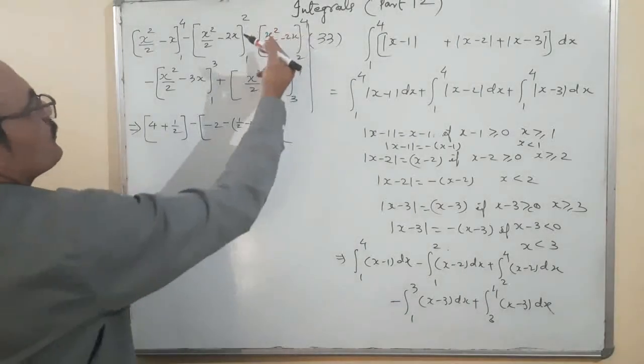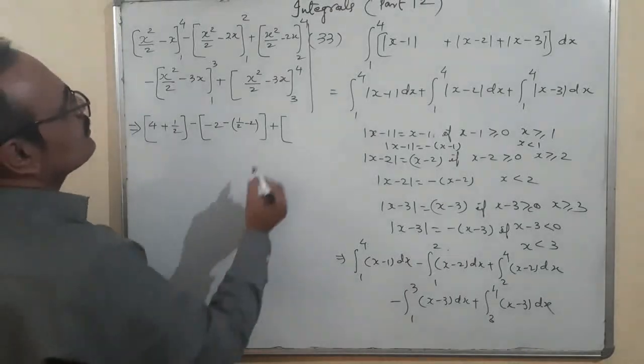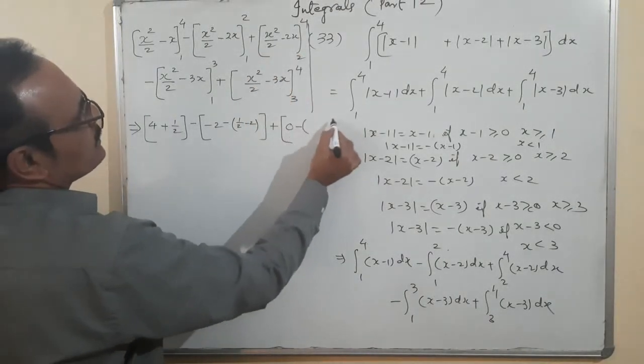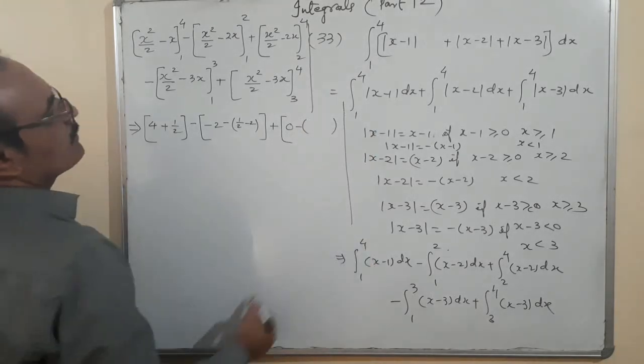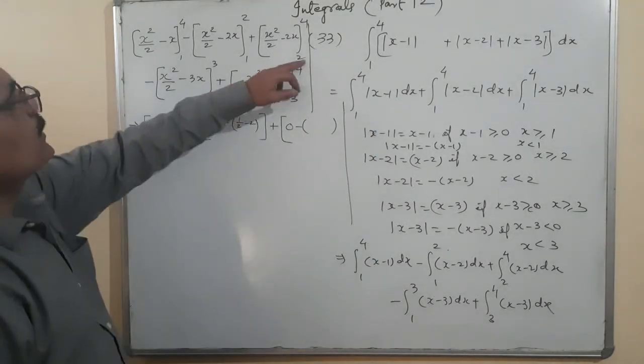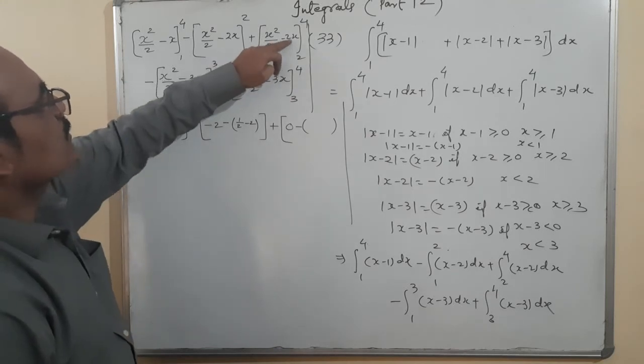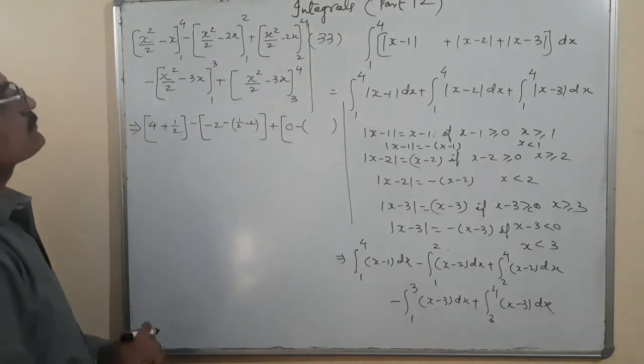Here it is 4. 4 4 is 16 upon 2, 8. 8 minus 8, 0, minus lower limit 2. 2 2 is 4, minus 4, 0.